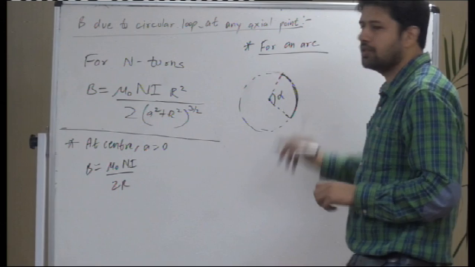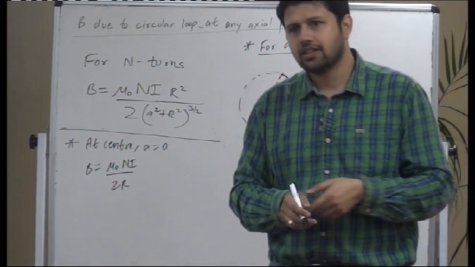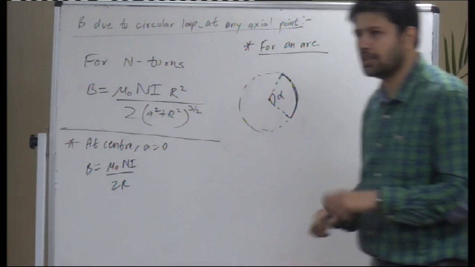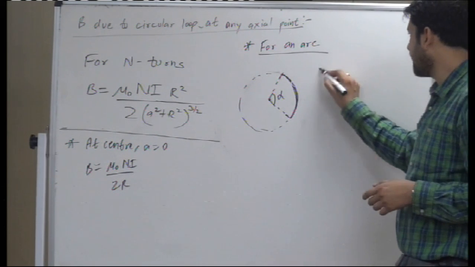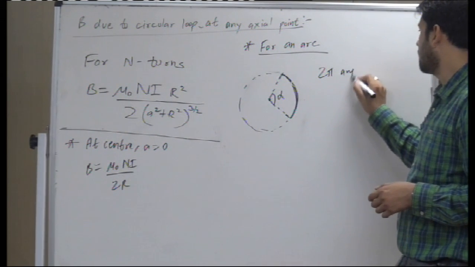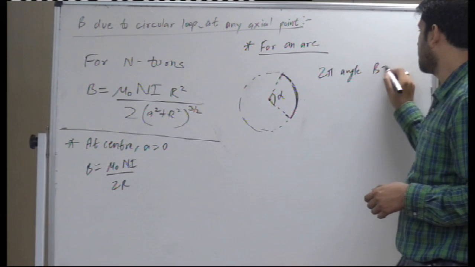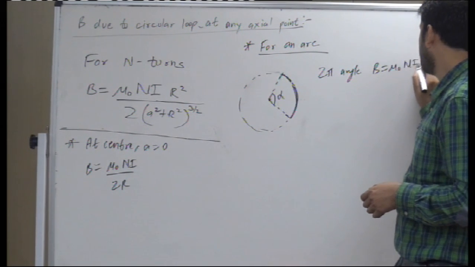So you already know that for 2 pi angle the field is mu naught n I by 2r.